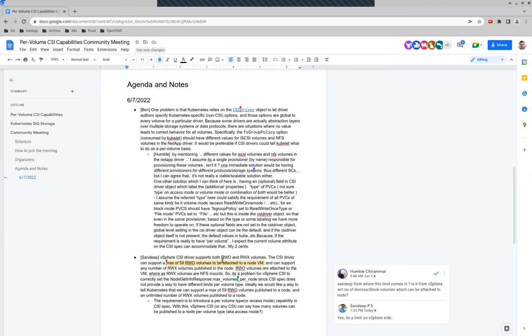I don't see him. And I'm not sure what his criticism is from this large paragraph, but it's okay. At the end, he says, if the requirement is really to have it per volume, I expect the current volume attribute on the CSI spec to accommodate that.